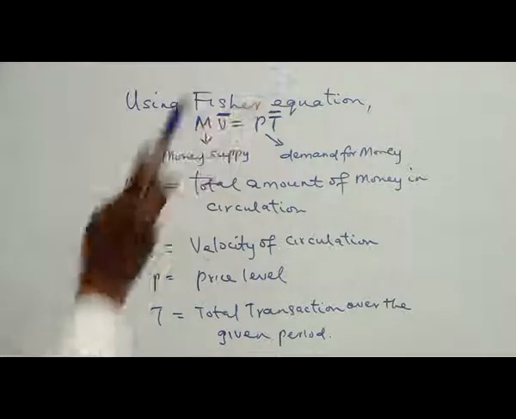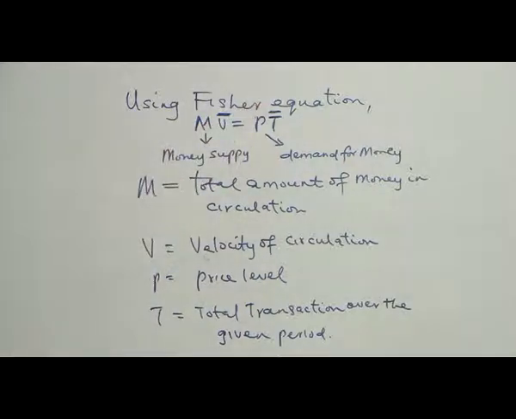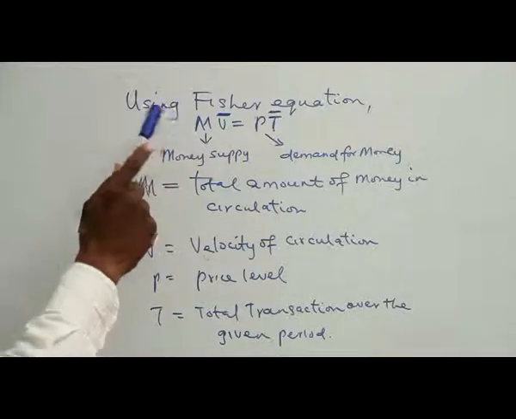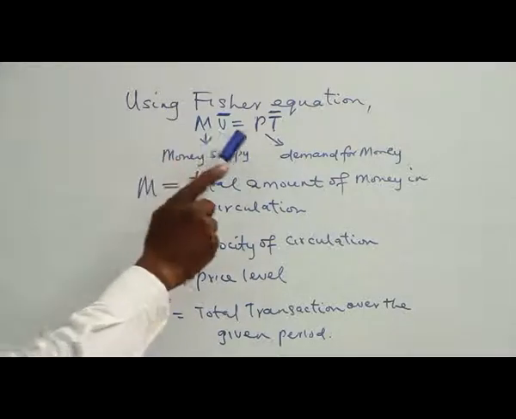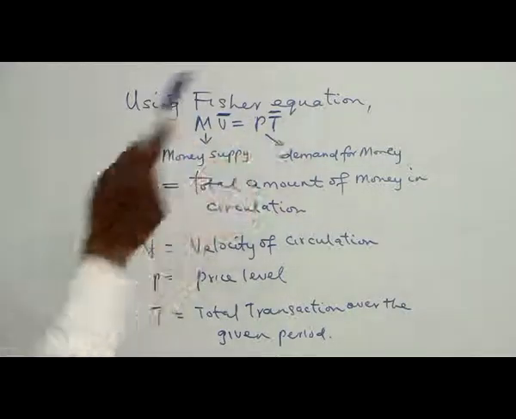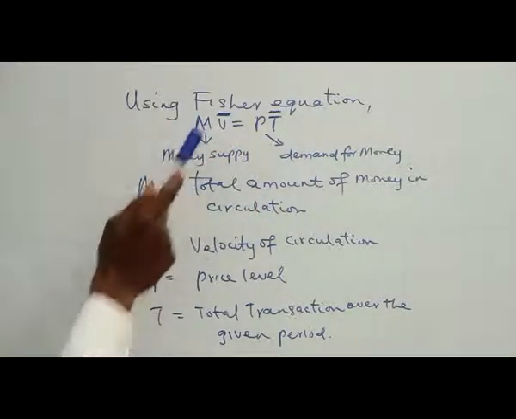Using the Fisher equation, we want to look at the mathematical aspect that we have under quantity theory of money. The equation we are going to use is what we call the Fisher equation. Now, the Fisher equation, that is MV equals PT. MV equals PT. First of all, what do you mean by MV?